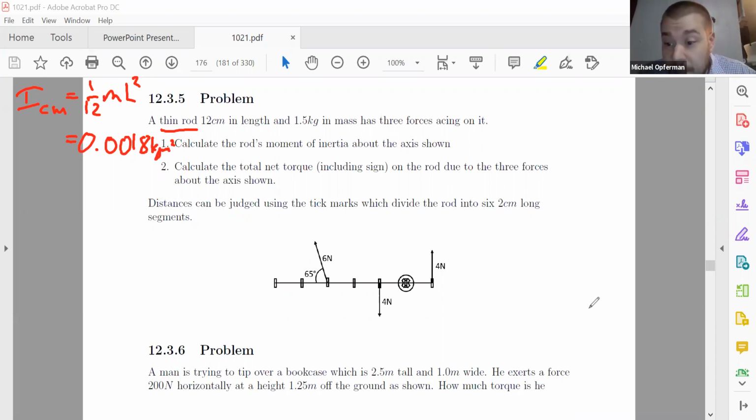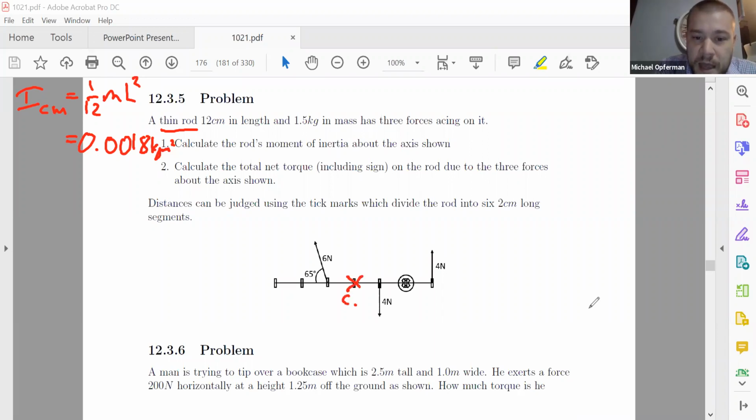But we're not done yet. That is not the answer, because that is only the moment of inertia if the rod were rotating about its center. So now we need to take a look: is the rod actually rotating about its center? This one is marked with tick marks. So we have 1, 2, 3, 4, 5, 6 sections of the rod. The center of the rod is here.